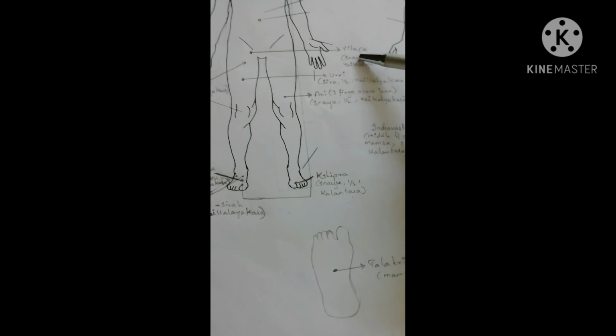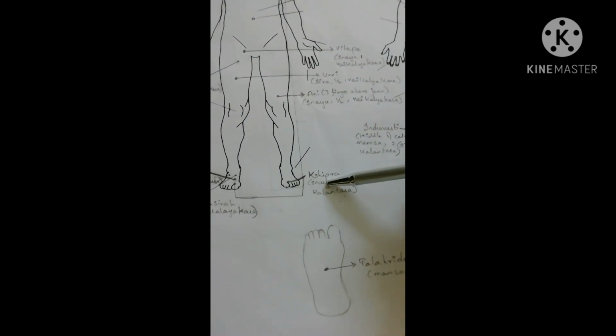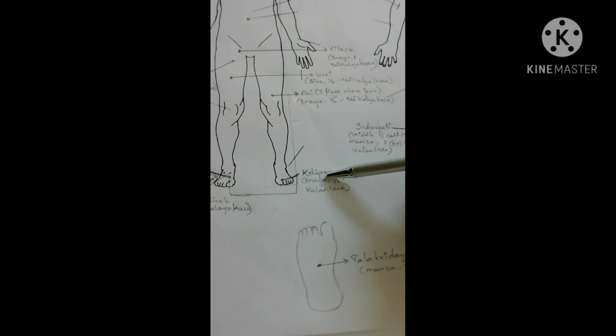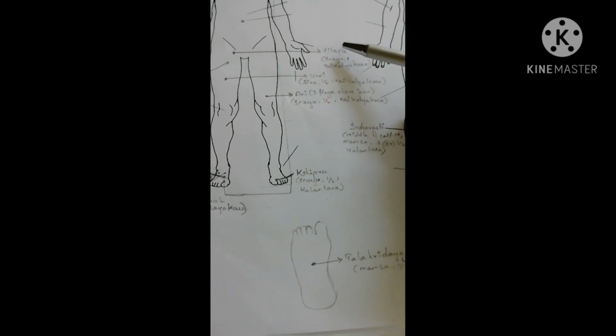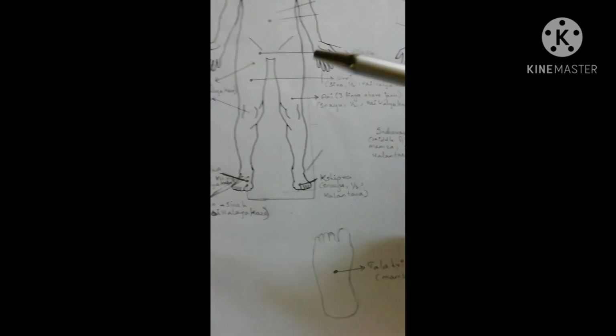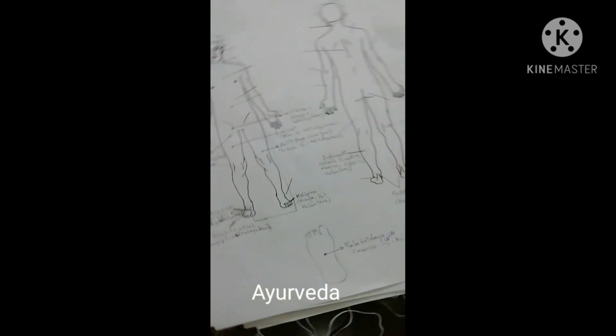Vitapa is a Snayu Marma and Kshipra is also a Snayu Marma, and these are the most vital points, where Kshipra is a Kalantara Pranahara Marma and Vitapa is a Vaikalyakara Marma. So this is the whole thing.